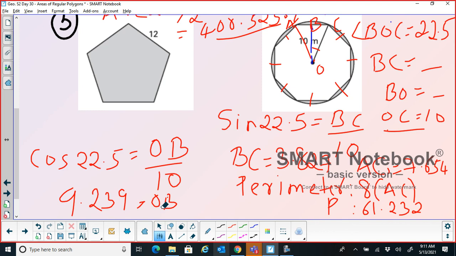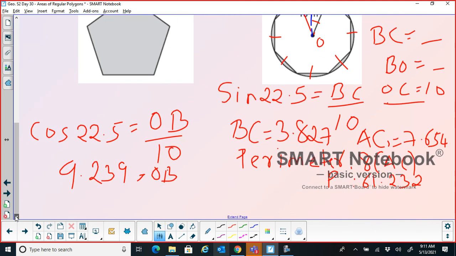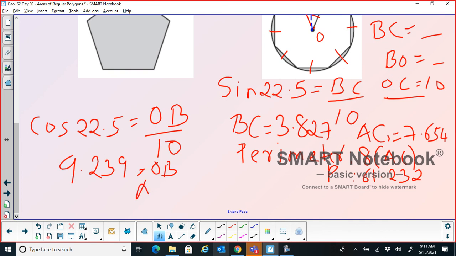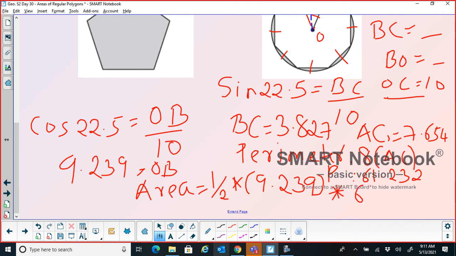Okay, now substitute in the formula. Area equals half of apothem times perimeter. So area equals half of apothem, which here is 9.239, times the perimeter, which you found, 61.232.